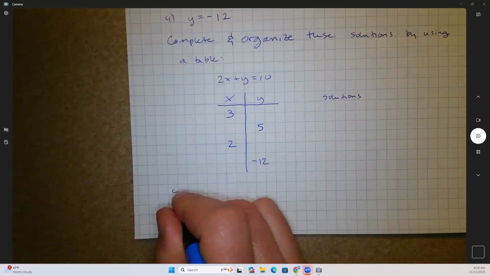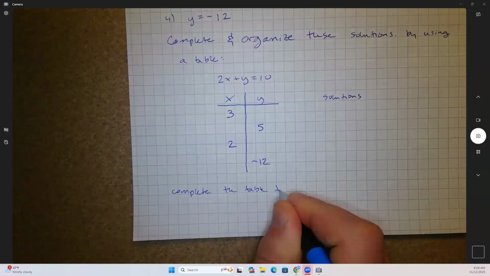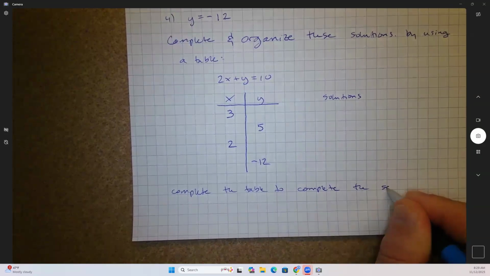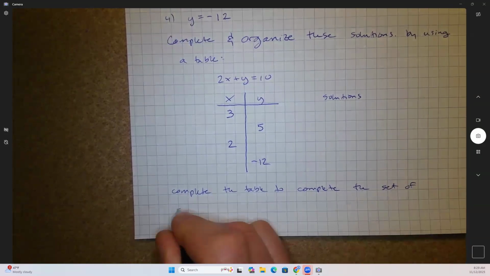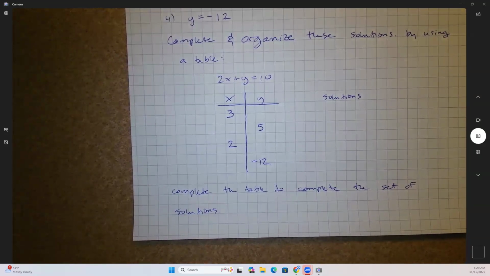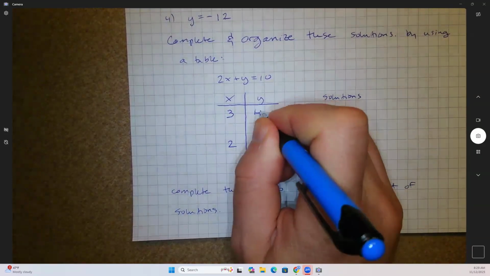And then I complete the table to complete the set of solutions. We already saw that when x equals 3, y equals 4. That was our first example.